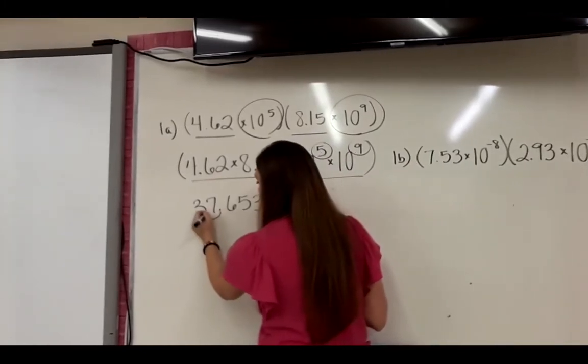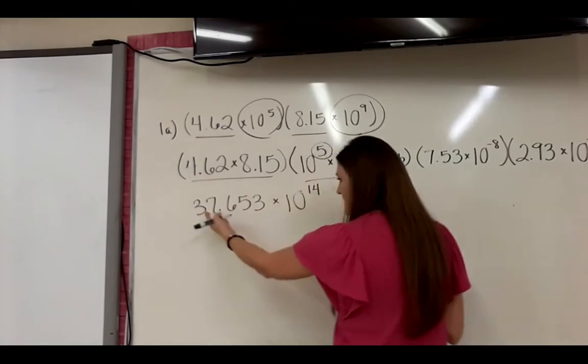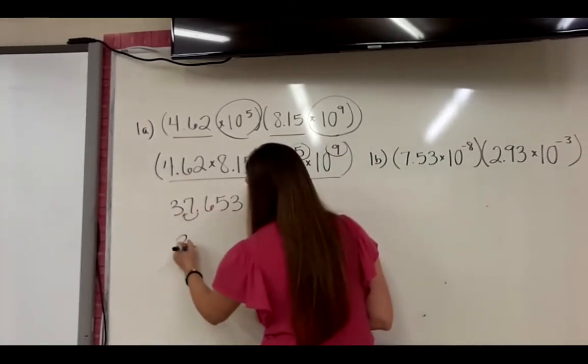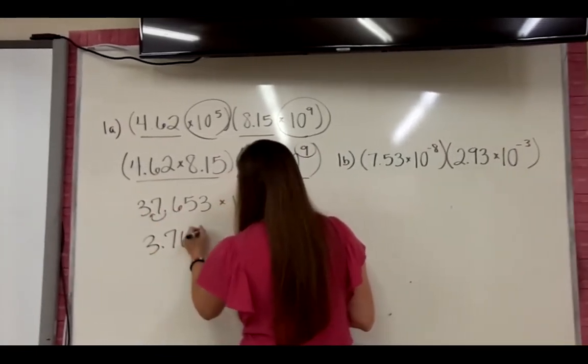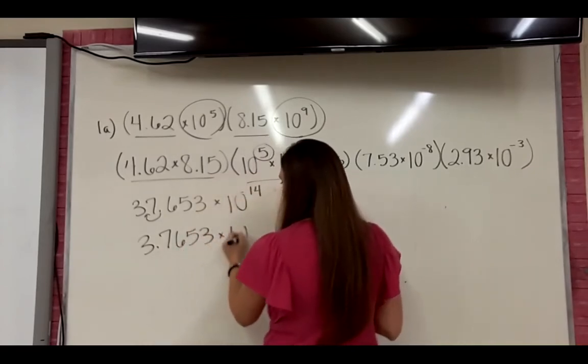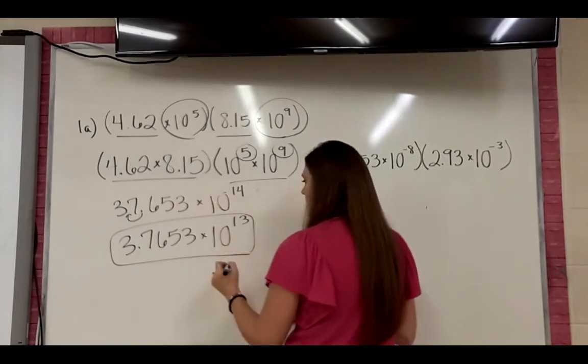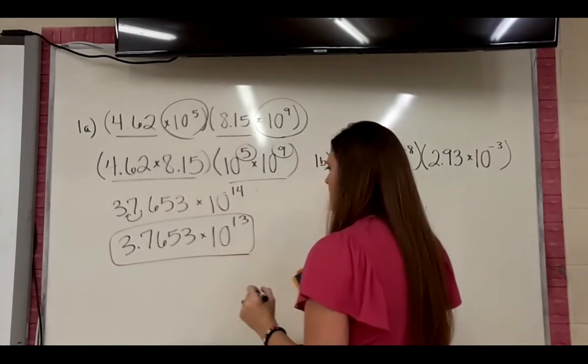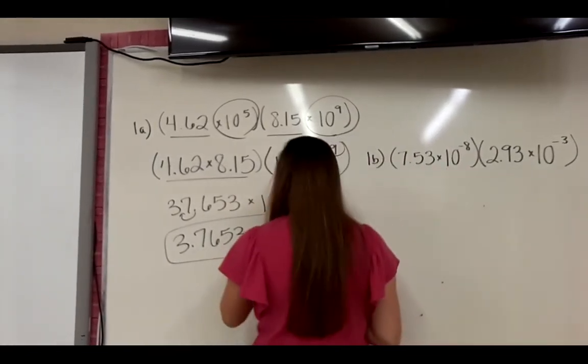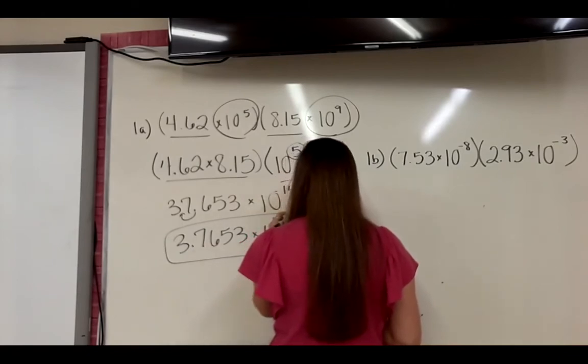So I've got to move it one more time. Since that went from 37 to 3.7, it got smaller. That was taking a place value away. Or actually, no, we added one. I'm sorry. 15.